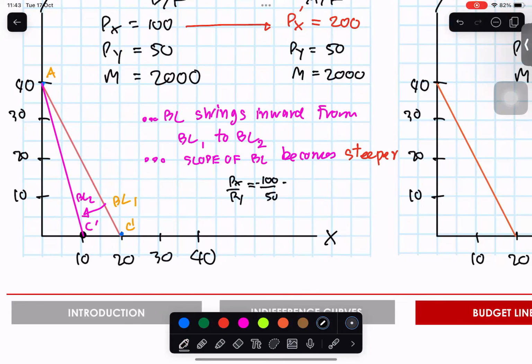That's minus 2. That's before. After, it would be PX prime divided by the same PY, which is 200 divided by the same price of Pepsi, minus 4.